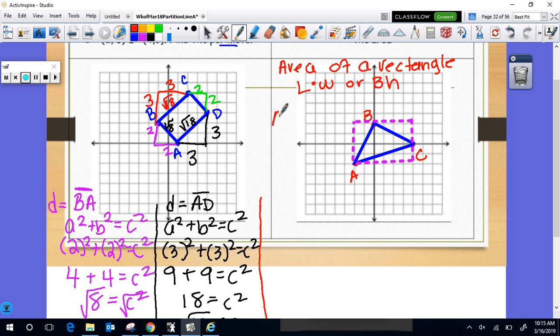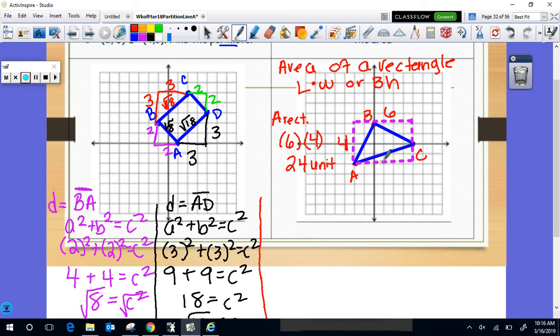So to get the area of the rectangle, we're going to go 1, 2, 3, 4. That's 4 for the width, or the length, it doesn't matter which one you call it. And then 1, 2, 3, 4, 5, 6. 6 going across this way. So to get the area of that, you're going to do 6 times 4, which is 24. So we know the area of the whole thing is 24.